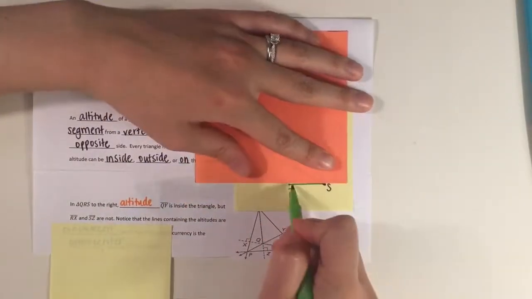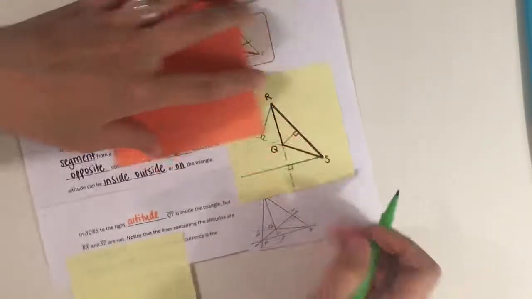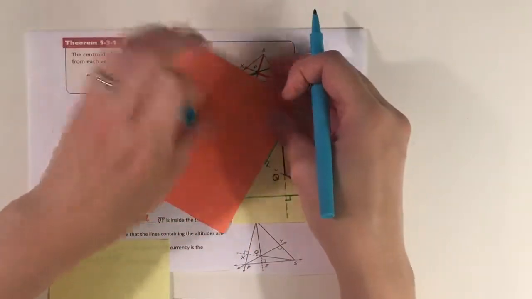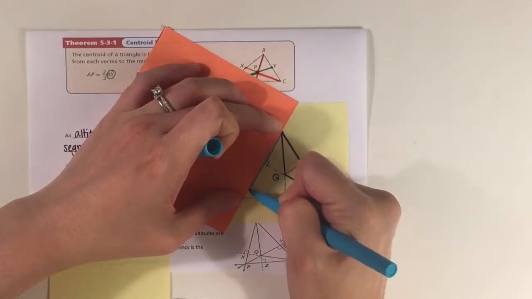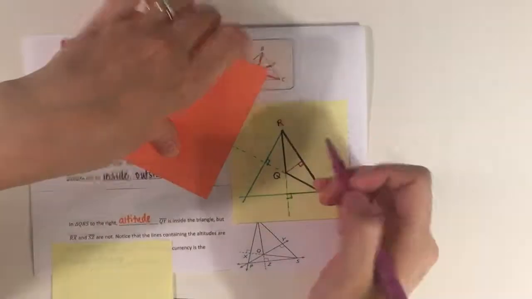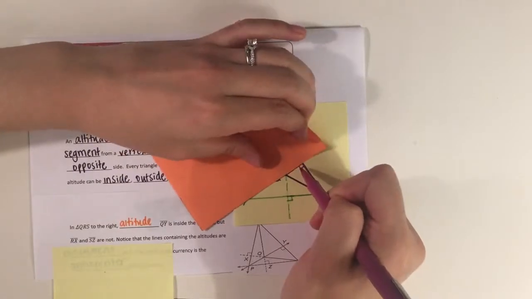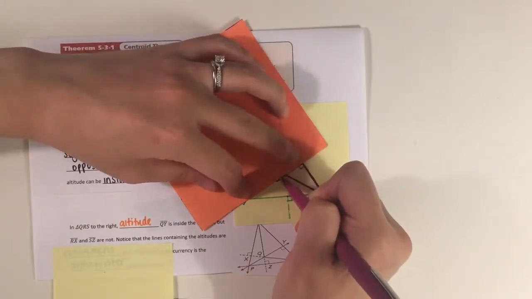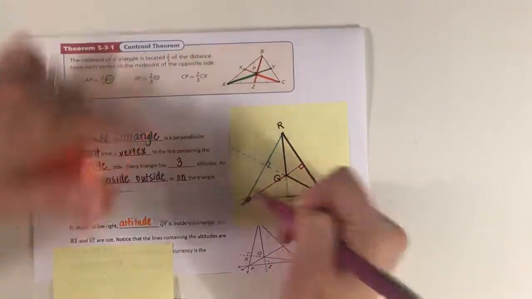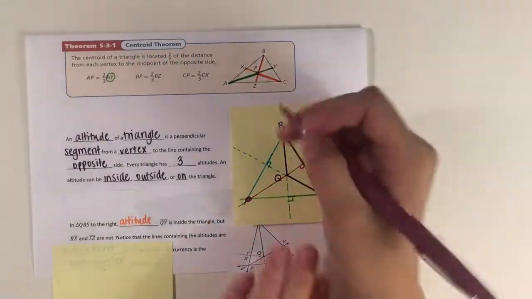So if I extend out this green line and I extend out this blue line, this blue altitude from vertex R, and I extend out the pink purplish altitude for Q, even though it was inside the triangle, I can extend it outside. If I did everything right, it should hit at one point, showing that they're concurrent.